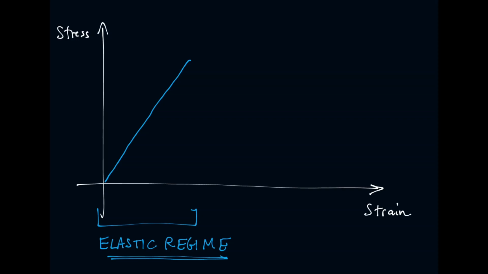However, if you keep going with applying bigger and bigger stresses, then at some point there's a bend, and this happens when I reach this point. That's called the yield strength, past which basically the material starts yielding.